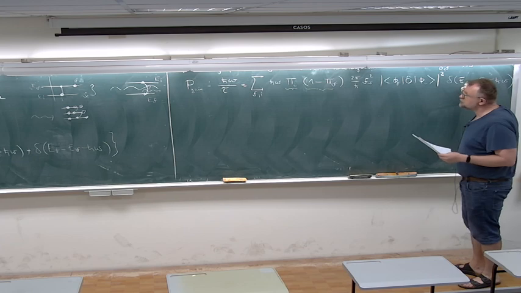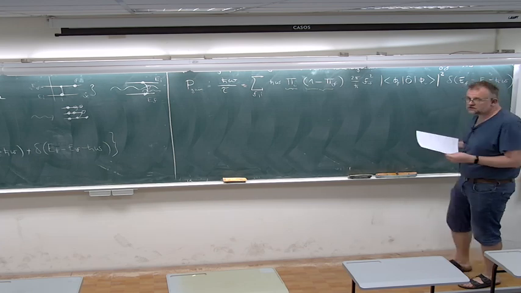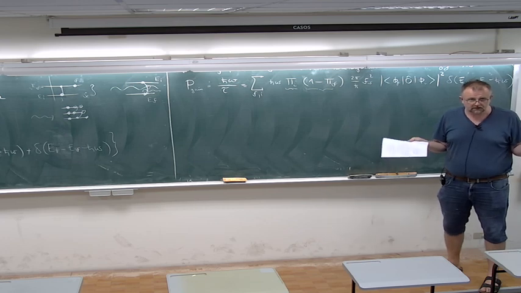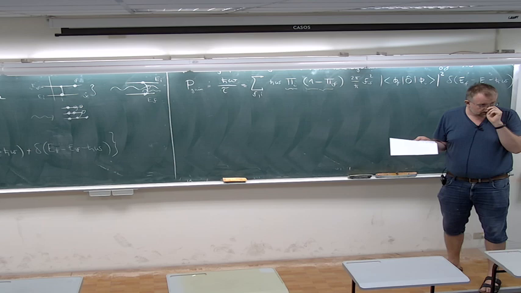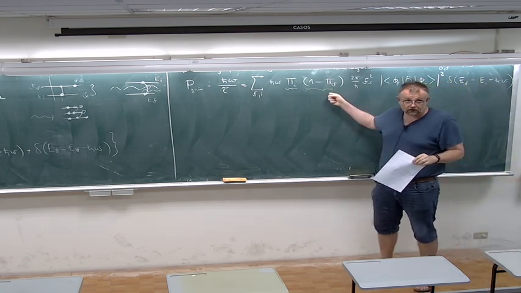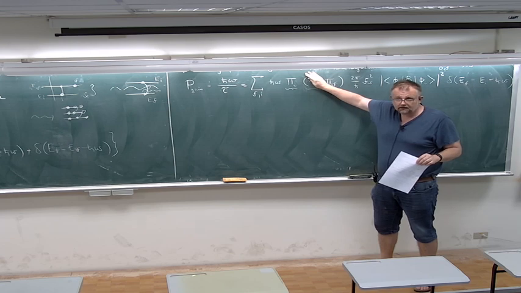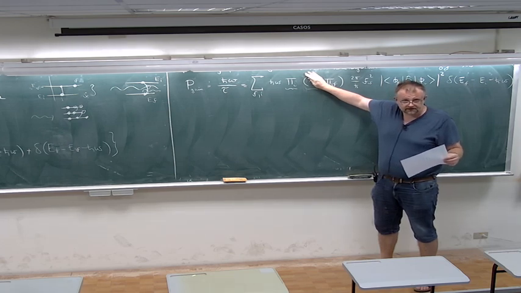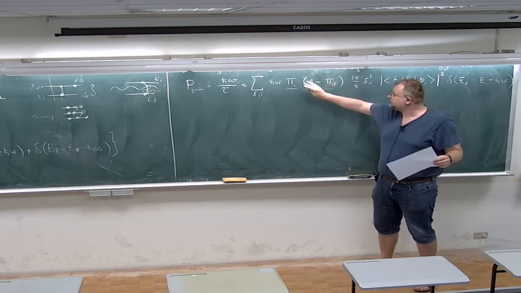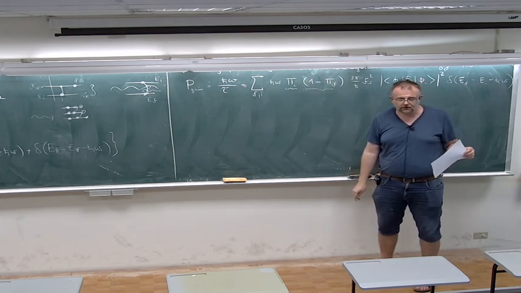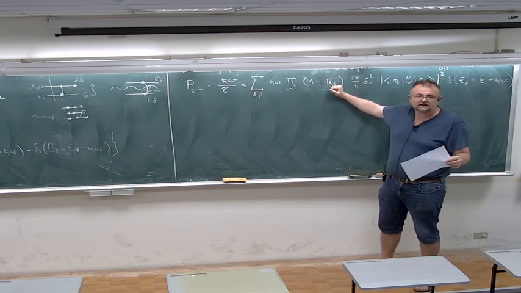So the final energy should be larger than the initial energy, because only in that case am I able to absorb something, right? That I am doing excitation. Is that clear? Is that fine? This is only in the case of electrons, because of the Pauli principle. For bosons, I would not have anything here, because bosons can occupy the same energy level, okay? But you will see that the final formula does not depend on whether we are discussing bosons or electrons, but I'm just doing this calculation for electrons particularly, okay?